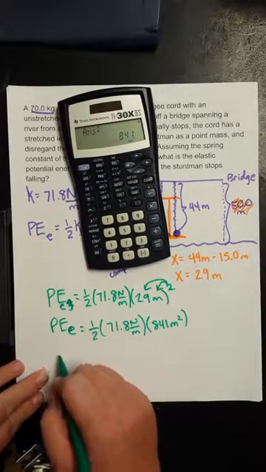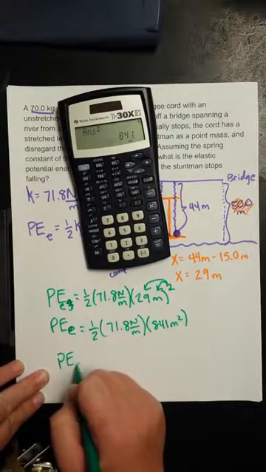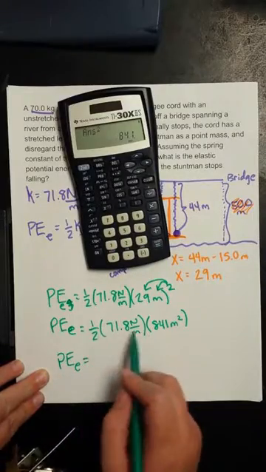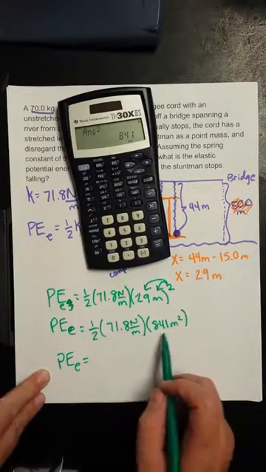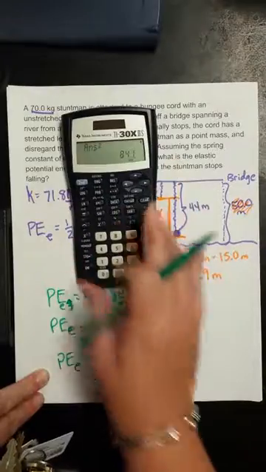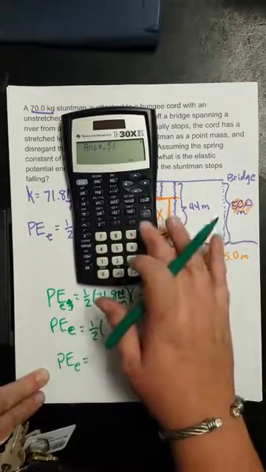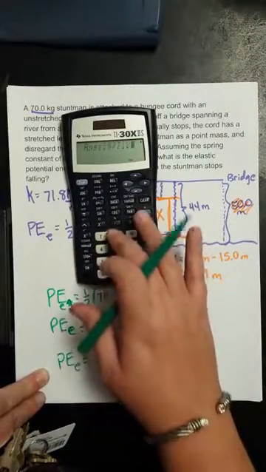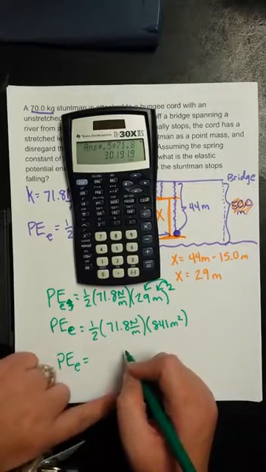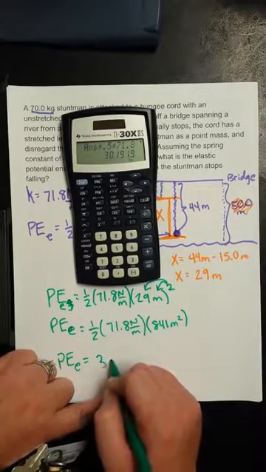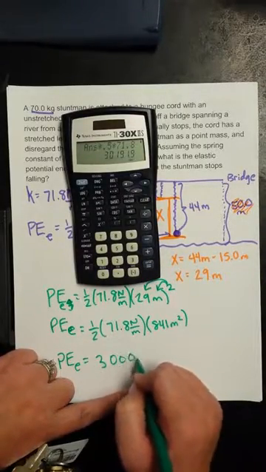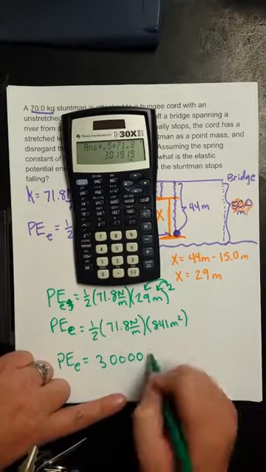My elastic potential energy then is going to be 1/2 times 71.8 times 841. Okay, so basically 30,000.